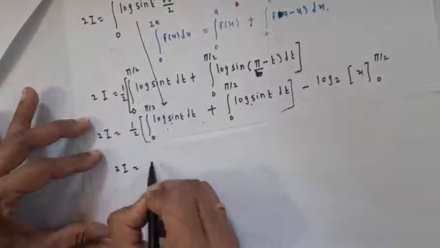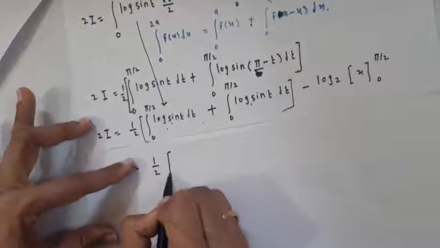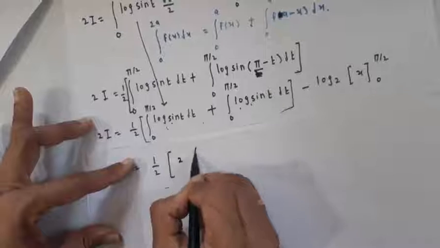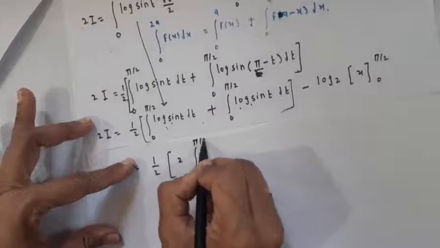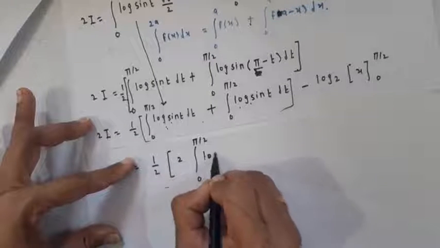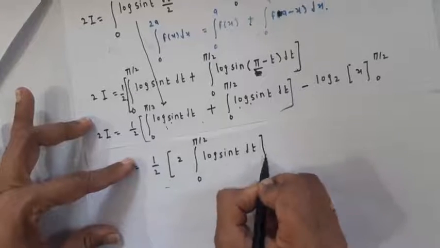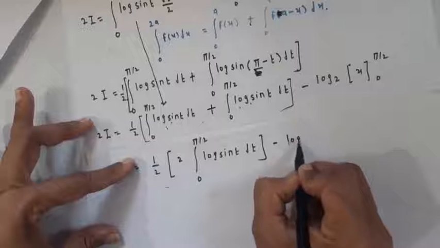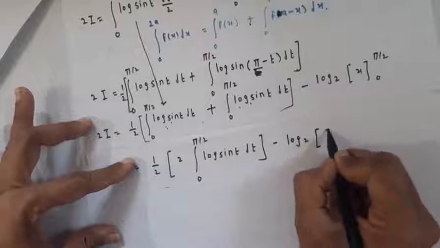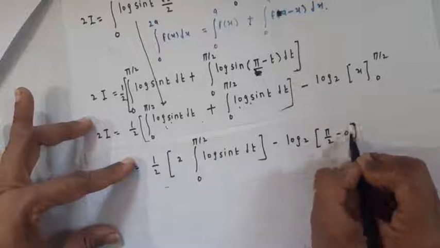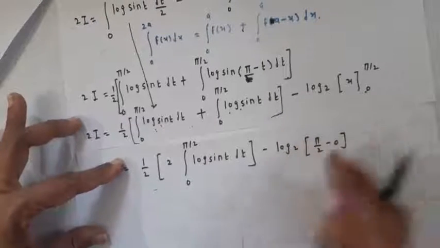Therefore 2I equal to 1 by 2 into 1 plus 1, that is 2, integral 0 to pi by 2 of log of sine of t with respect to t, minus log of 2, and this is pi by 2 minus 0, upper limit minus lower limit.